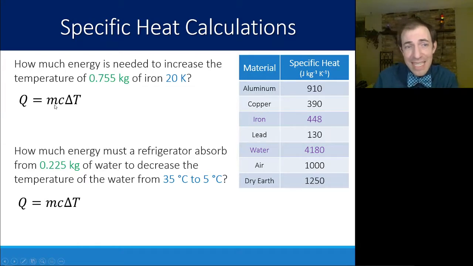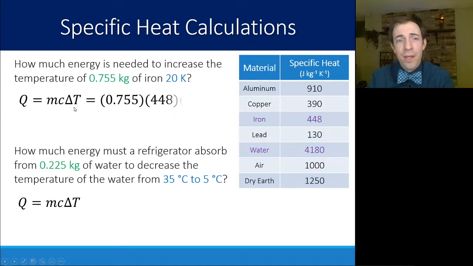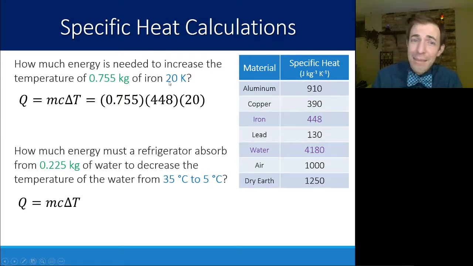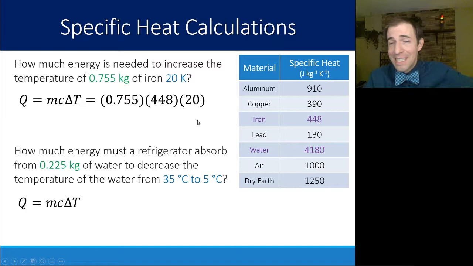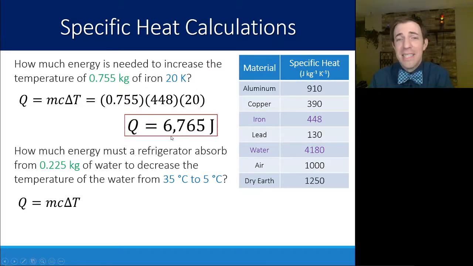We need to know C in order to calculate mc delta T to calculate Q. So if we plug everything in, 0.755 times that 400 joules per kilogram per Kelvin times 20 degrees Kelvin, that's our delta T, how much we're increasing it by, we can calculate Q is 6,765 joules. So again, Q is energy. That's how much energy was added to the system in order to increase its temperature.